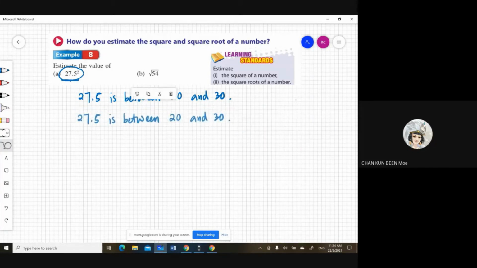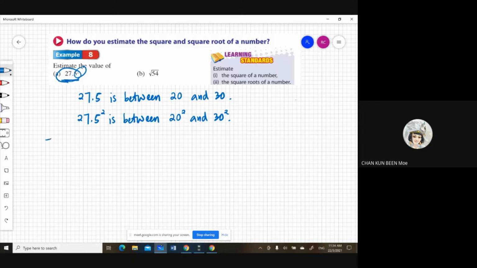So you can see the difference here. Actually, everything is the same. When it is a square, I'm just going to add on the square on all the numbers given that we have written down. So 27.5 squared right now is between 20 squared and 30 squared.